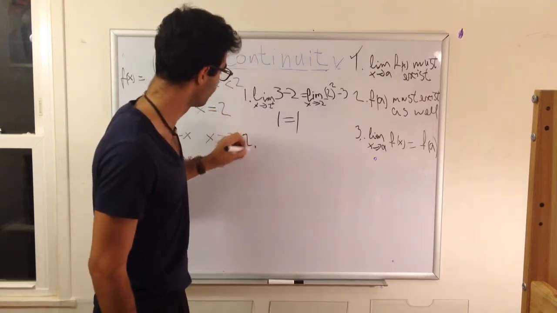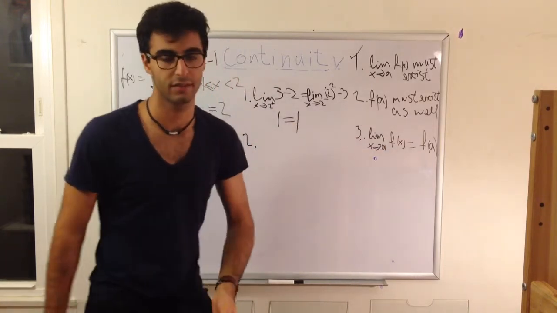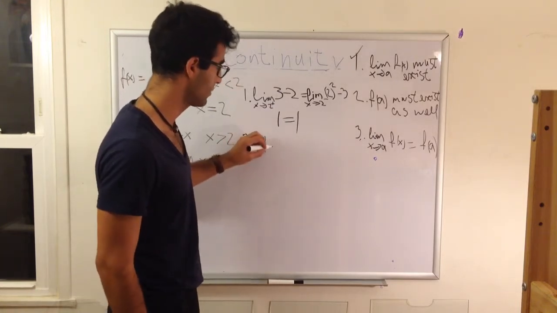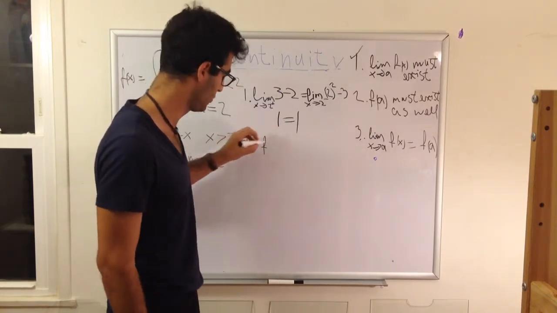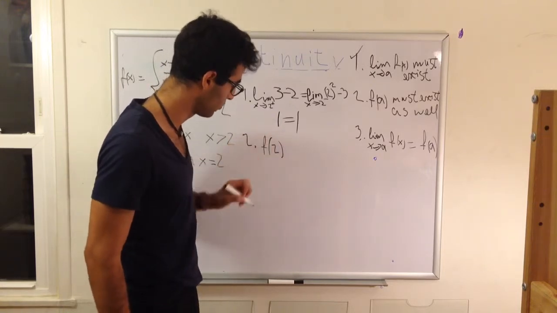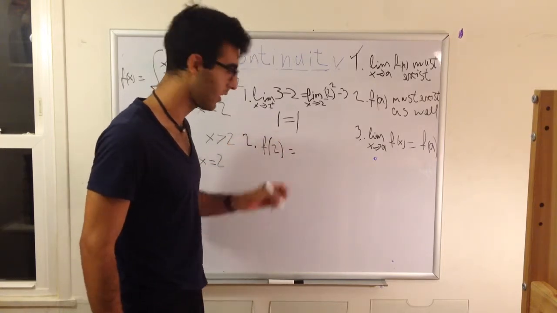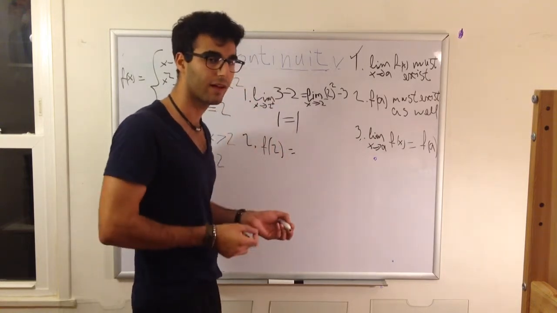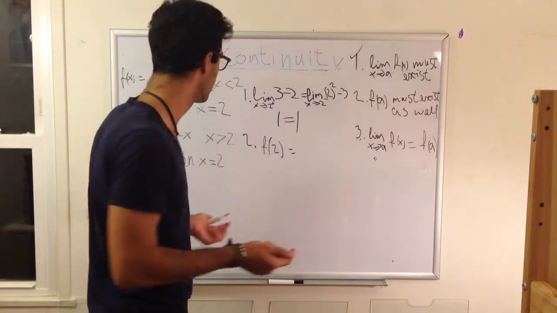Now let's do number 2. f of a must exist. Since our a became 2, f of 2 must exist. In other words, we want to know exactly what our y value is.